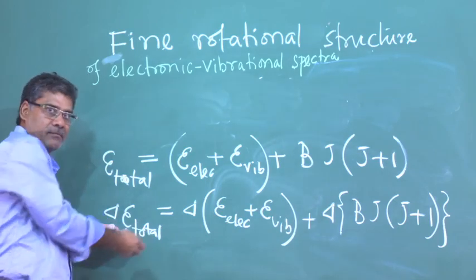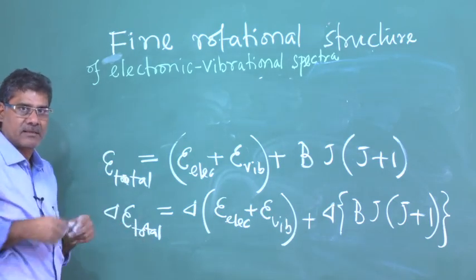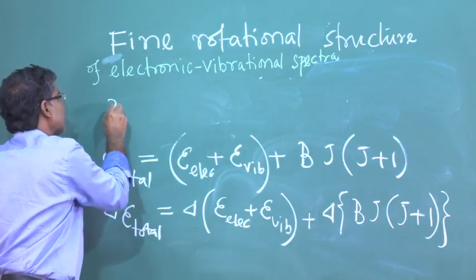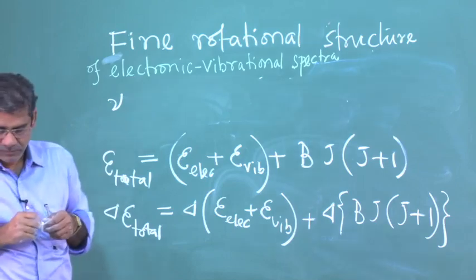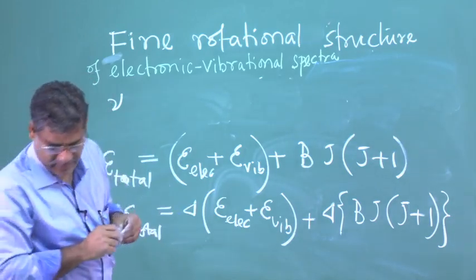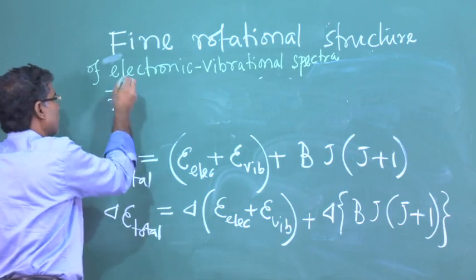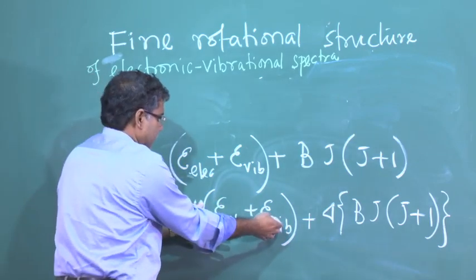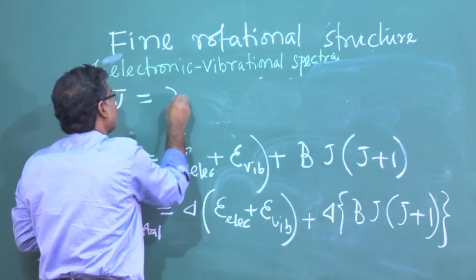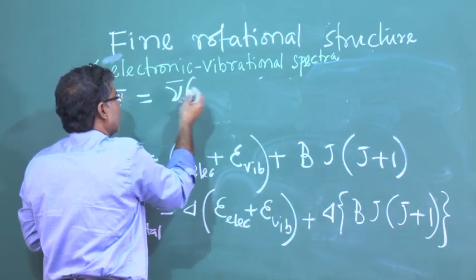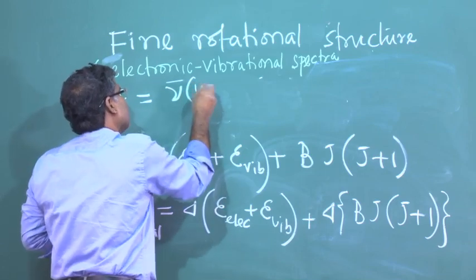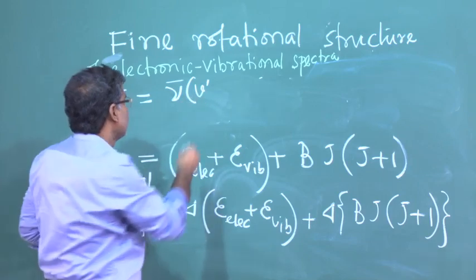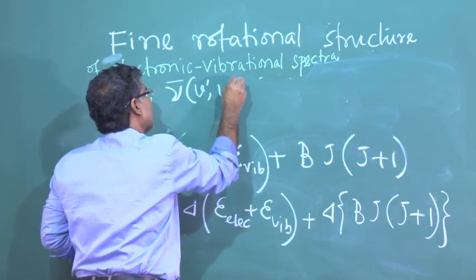So, this is the energy of the spectral lines. Now, if I write this energy of the spectral lines as nu bar, it will be equal to nu bar due to transition between the two vibrational levels V dash and V double dash.